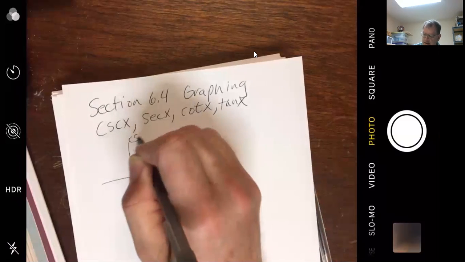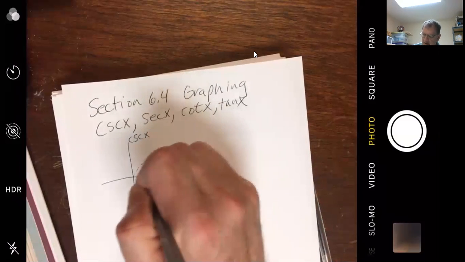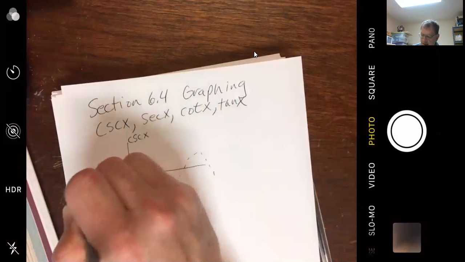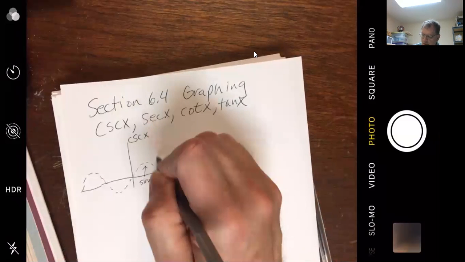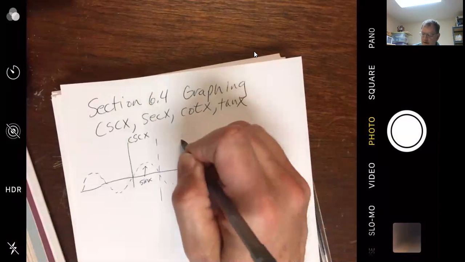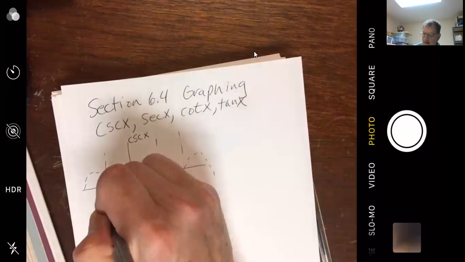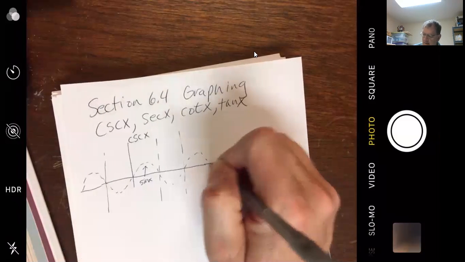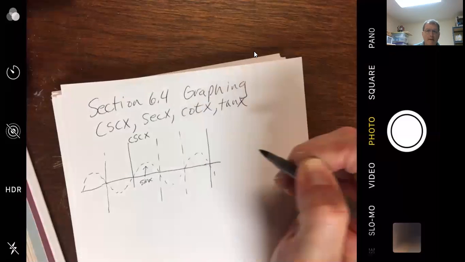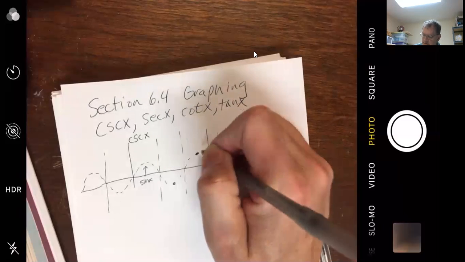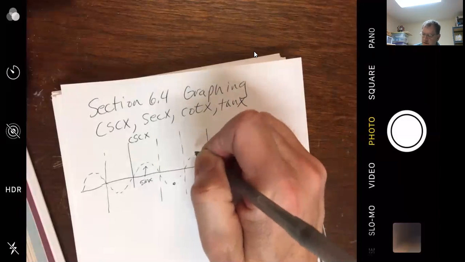To graph cosecant x, you graph sine x, and you put x-intercepts through, vertical asymptotes through every x-intercept. The peaks are common on both graphs.